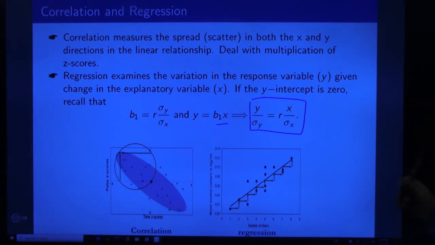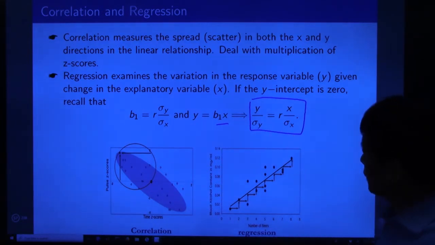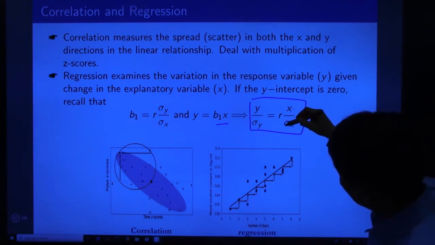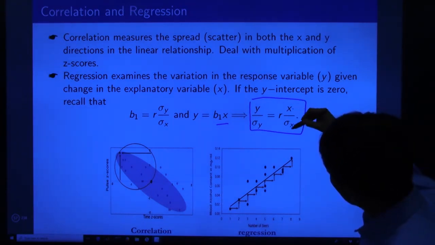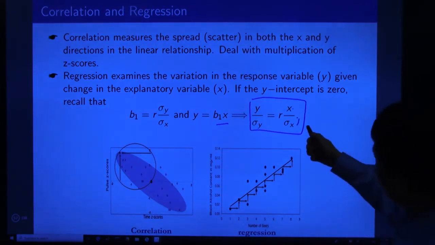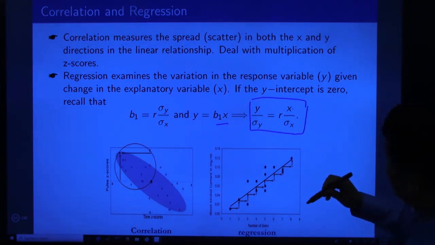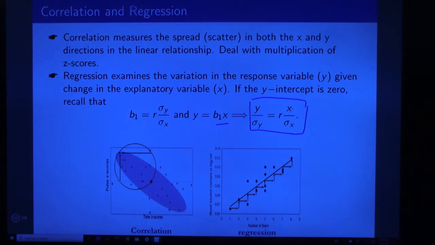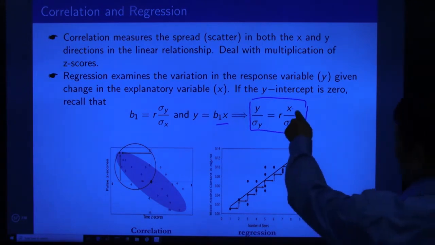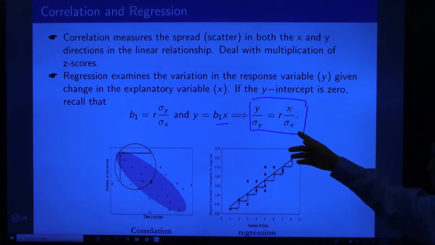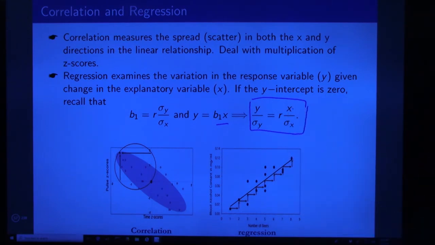This r is the correlation coefficient. This x is the data, and x divided by the standard deviation is how many standard deviations x is, or the x value in the unit of standard deviation.